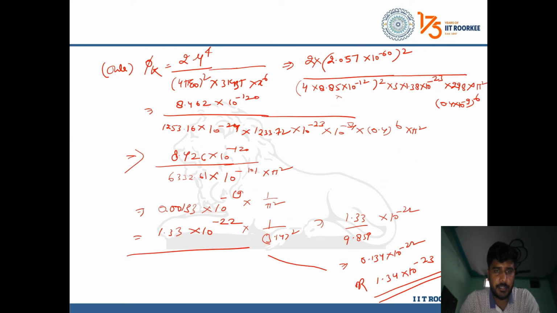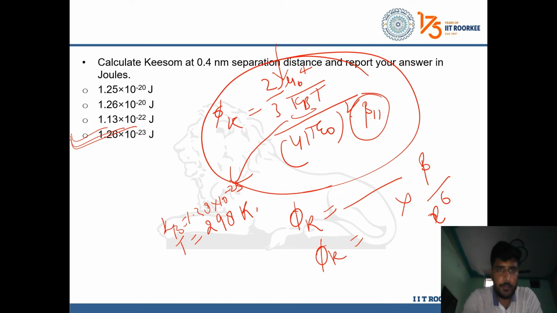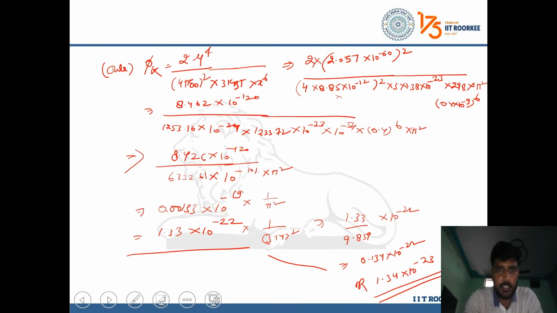This is the solution. The mu value is put here and the kBT value is already put, and the separation distance is given as 0.4 nanometer. So here you have to put 0.4 into 10 to the power minus 9 to convert it to meter, and after that you easily solve and you will get the Keesom interaction.